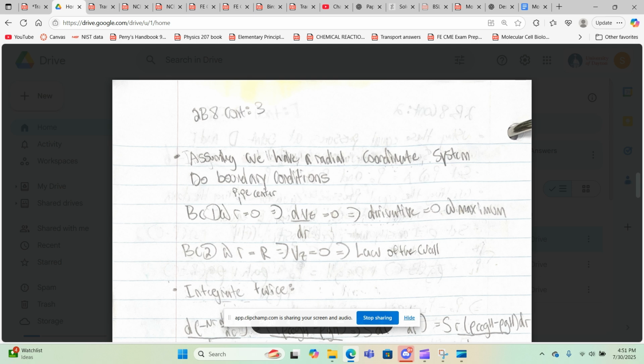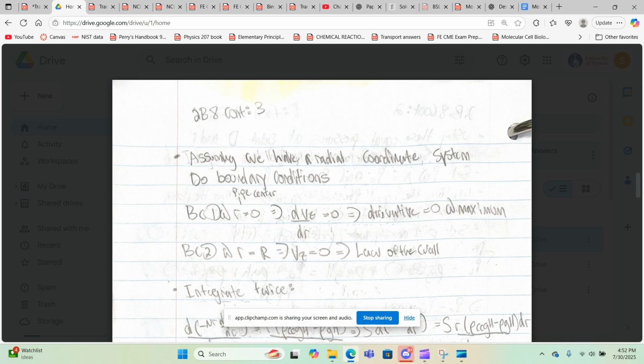All right. So assuming we have a radial coordinate system, we're going to do the boundary conditions. And again, we're having a radial coordinate system because it's a cylinder, or cylindrical coordinates. Obviously, that makes sense. At the radius equals 0, dvz/dr equals 0, and that's because the max velocity is in the middle of the pipe, and the wall on either side of that max velocity slows down the velocity.